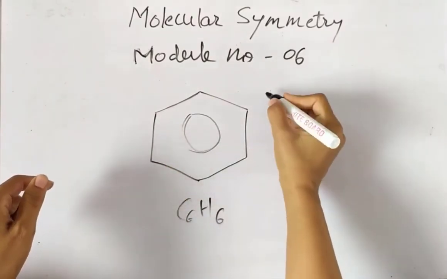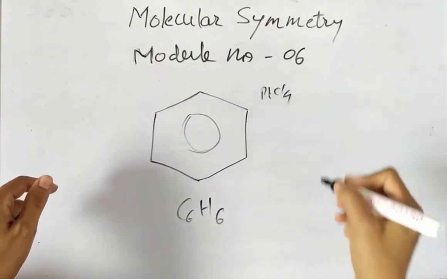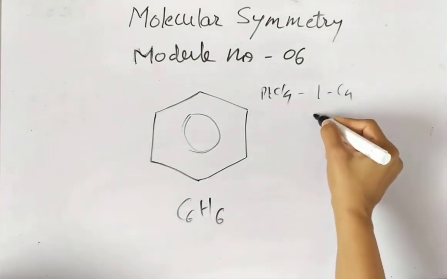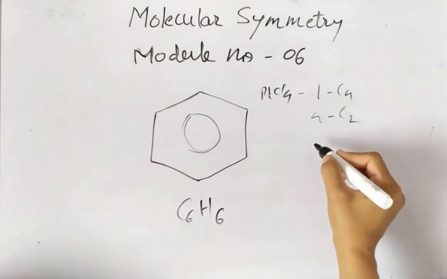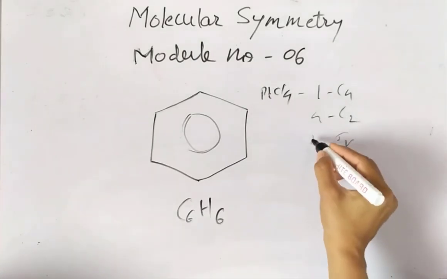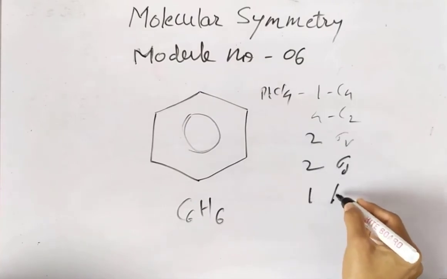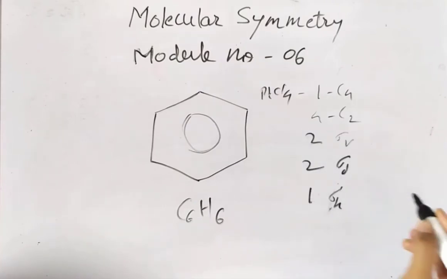For example, I will repeat, in PtCl4 how many symmetry elements have we written? There is 1 C4, there are 4 C2 axes, there are 2 sigma Vs, there are 2 sigma Ds and there is 1 sigma H in PtCl4.